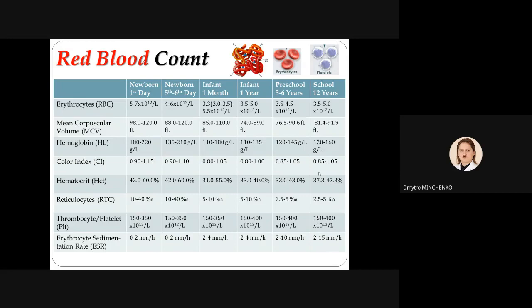That implies that children of this age have a slightly lower erythrocyte count than would be considered physiologically normal. If their hemoglobin count is also decreased at this age, we can talk about what's called a physiological anemia, transitory physiological anemia of children.